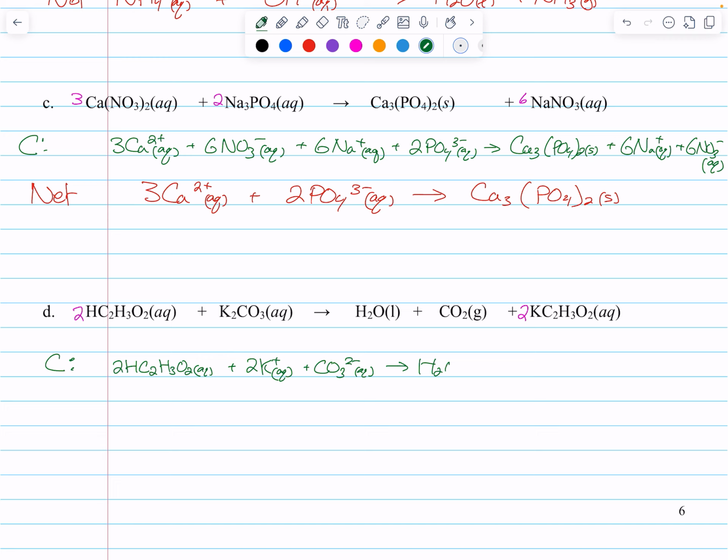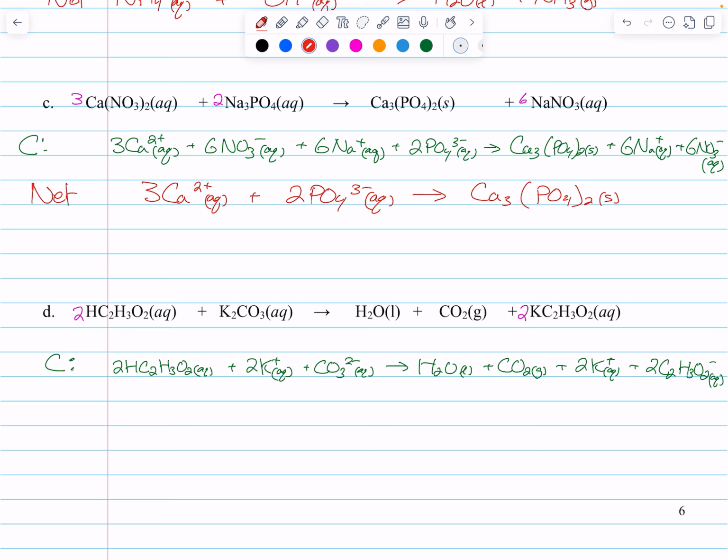Water, of course, is water. Carbon dioxide, of course, is carbon dioxide. And potassium acetate is strong. All right. So it looks like potassium is my only spectator ion.